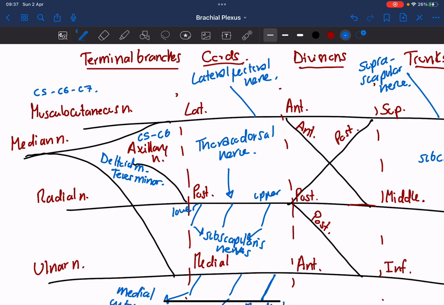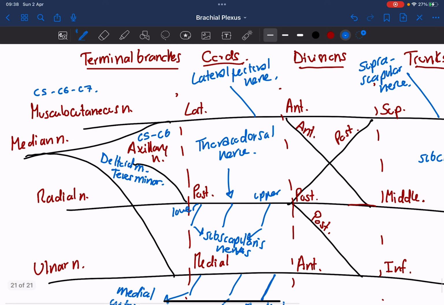So the motor supply is used to supply these two muscles, but the sensory supply is used to provide sensory supply to the skin above the deltoid, okay, which is also known as the area where the regimental badge is applied to. Okay, so that area is supplied by the sensory nerve of the axillary nerve.